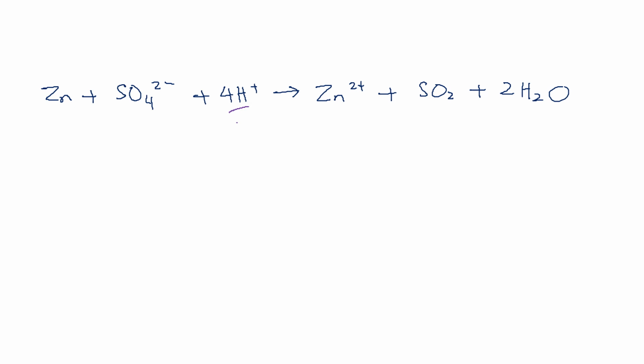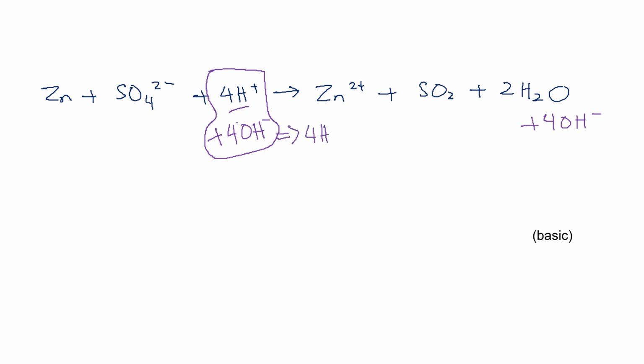It means we have to add 4 OH- on the left side and 4 OH- on the right side. Both sides must have the same number of OH-. So 4H+ plus 4OH- equals 4H2O.